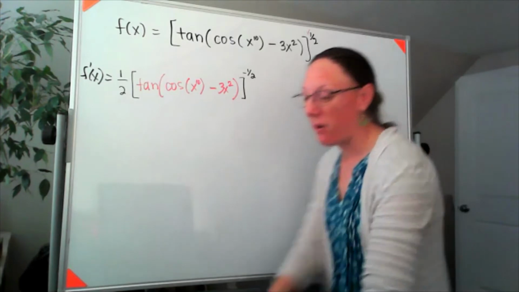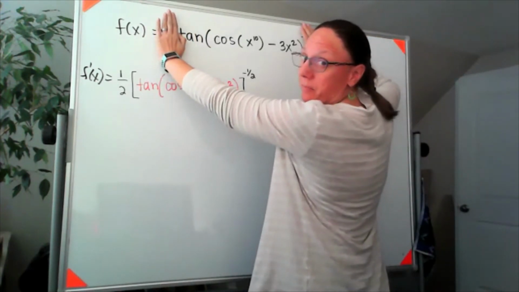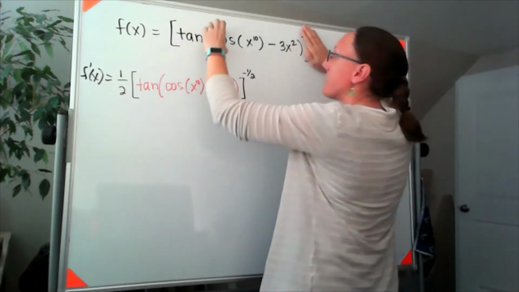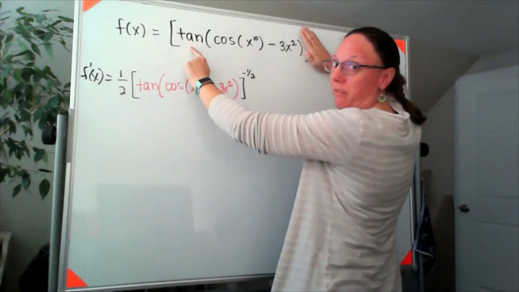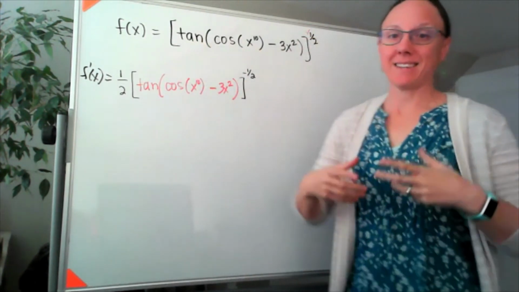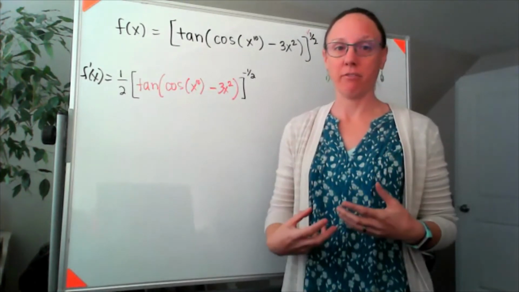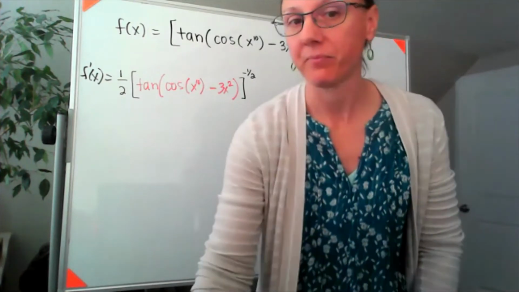So if I think about having peeled off that layer, then the next function that I'm looking at where I have stuff trapped in parentheses is that tangent. And the derivative of tangent is secant squared. So the derivative of tangent of some stuff is secant squared of that stuff.